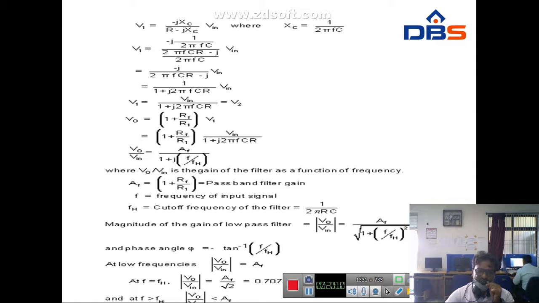At low frequencies, the magnitude of V naught by V1 is equal to AF. At F equal to Fh, we get AF by root 2, which is equal to 0.707 AF for the low pass filter.